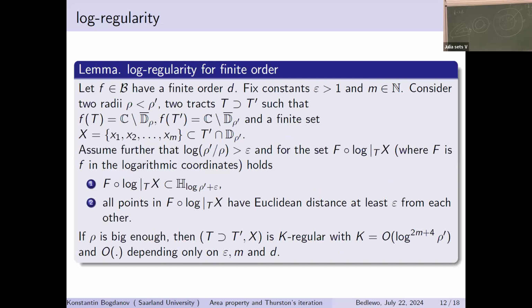The first thing I should tell you, because I had this theorem for finite order functions, is the following: if we have finite order functions and tracts which appear from circles which have some definite gap between them, some epsilon, then this pair is k-regular with k equal to a bound of logarithm rho prime to some degree.